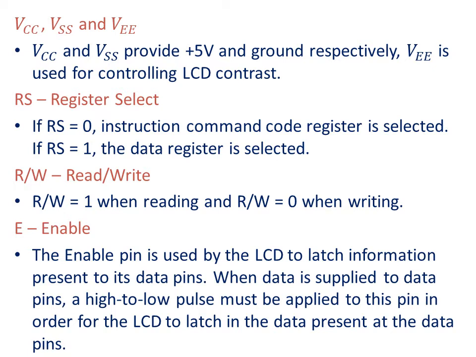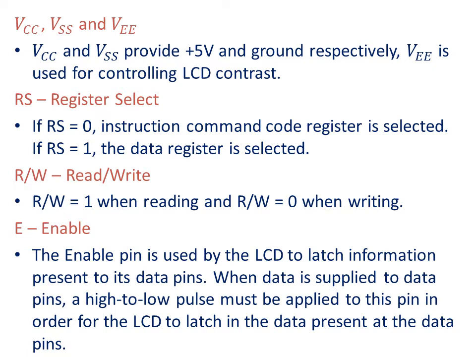Now let us study each pin in detail. So here VCC and VSS provide plus 5 volt and ground respectively. VEE is used for controlling LCD contrast, as we discussed earlier. And RS is nothing but register select.